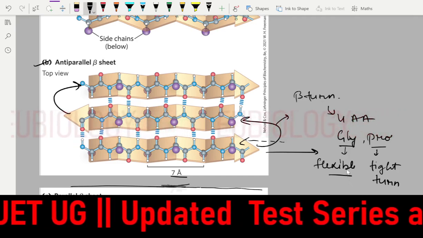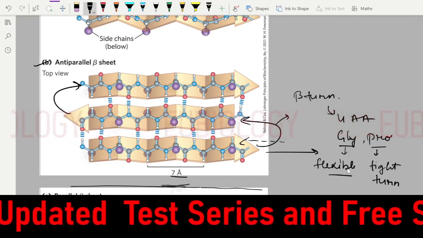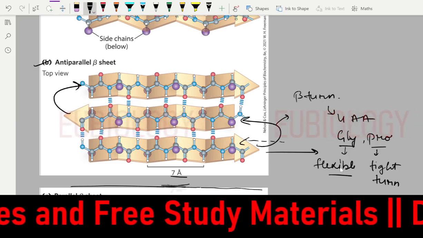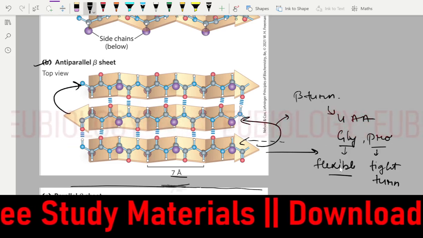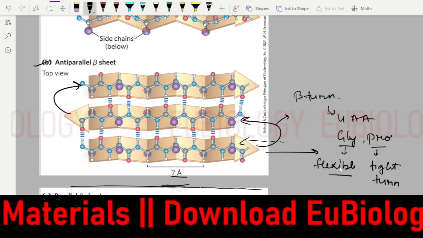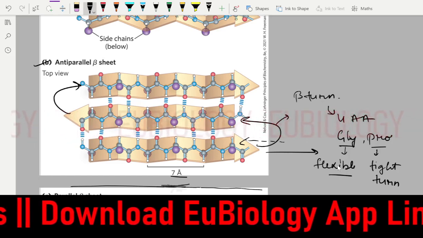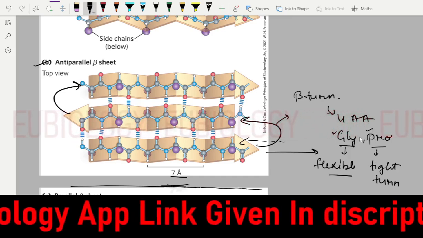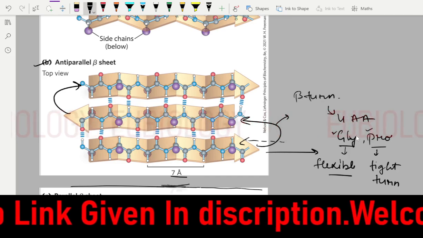Now, the important thing is that they will have a hydrogen bond: the first residue forms a hydrogen bond with the amino group hydrogen of the fourth amino acid. So proline and glycine will be two of them, and the other two can be other amino acids.